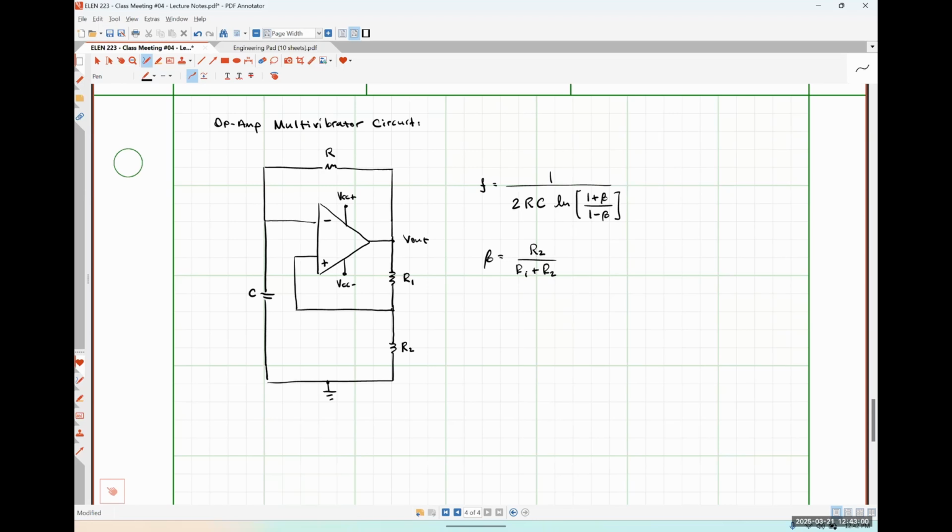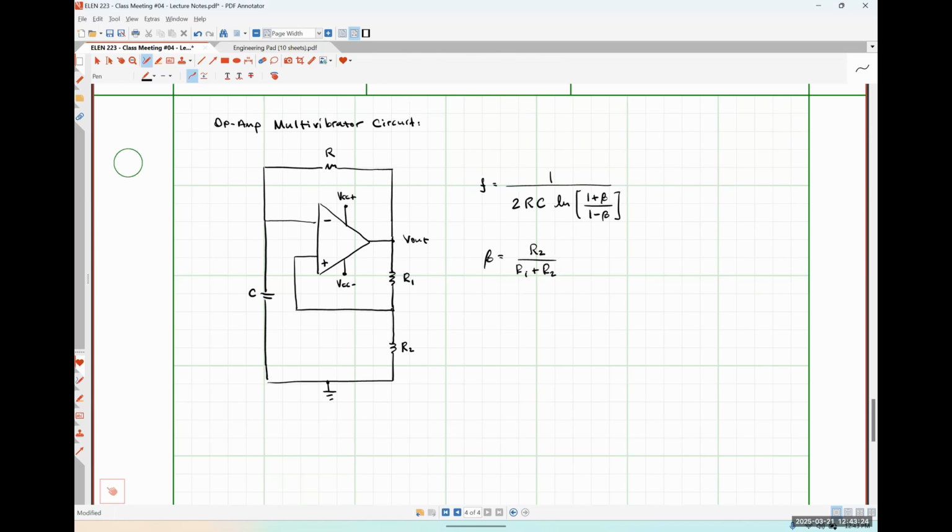So choosing those two resistors, R1 and R2, is what allows us to essentially fine tune our oscillator because we can't ever get exact value capacitors and resistors to hit a very exact signal. So we have to fine tune it with those two resistors R1 and R2.